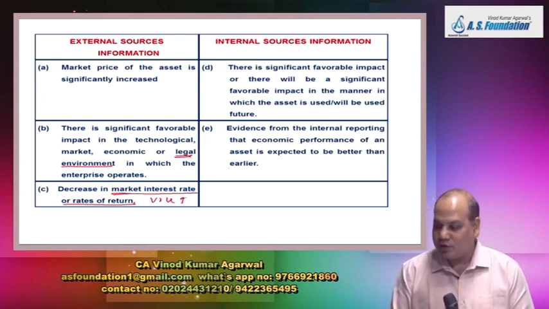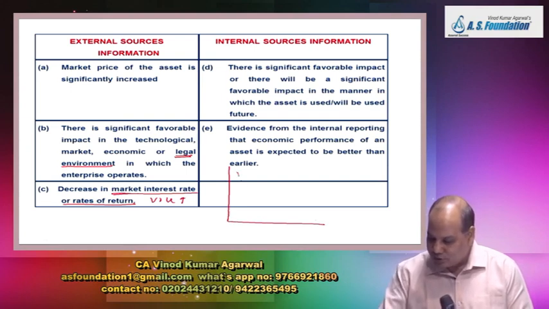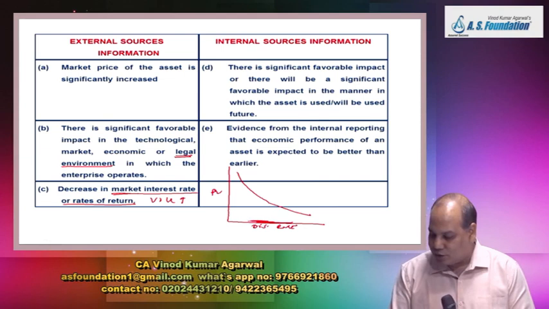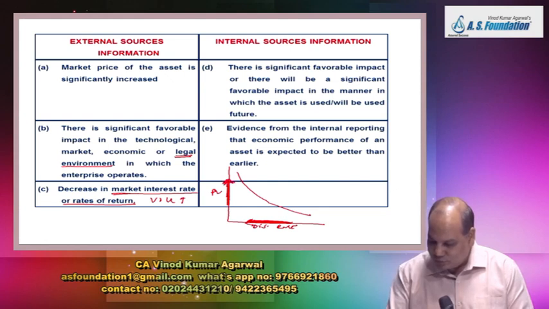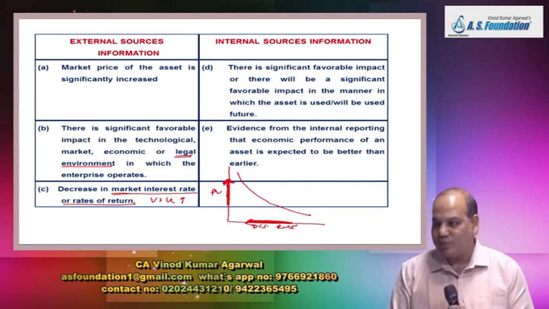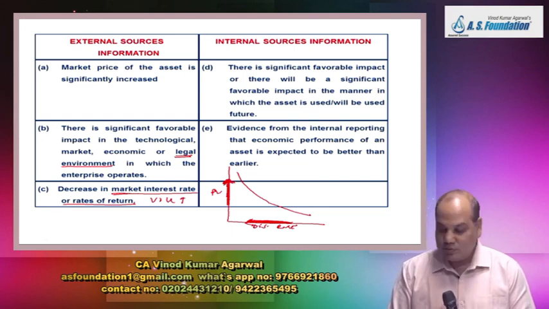If you use a lower discount rate, this is the relationship between discount rate and present value. So if the discount rate moves on this side, the value in use will move north side, go up, right?